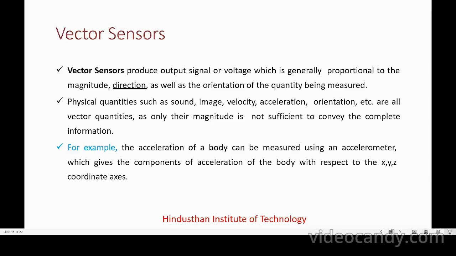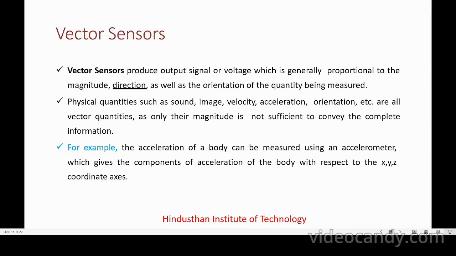Next, vector sensor. A vector sensor produces an output signal or voltage that is generally proportional to the magnitude, direction, and also orientation of the quantity being measured. Here physical quantities such as sound, image, velocity, acceleration, and orientation are all called vector quantities.